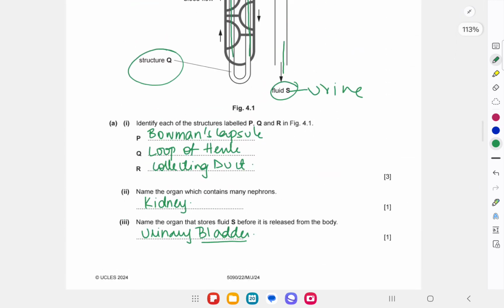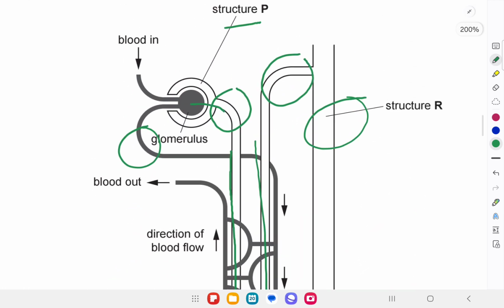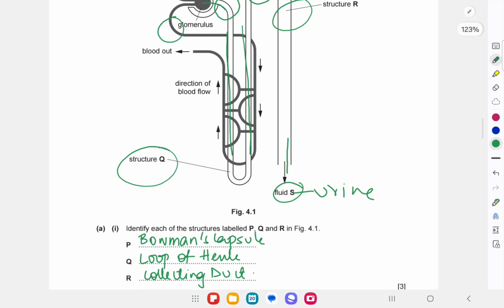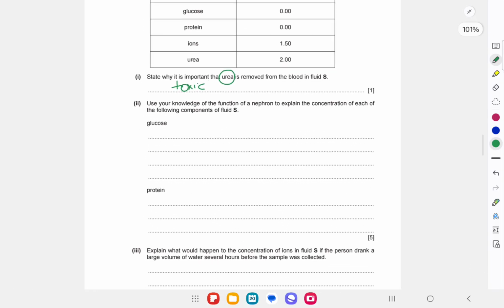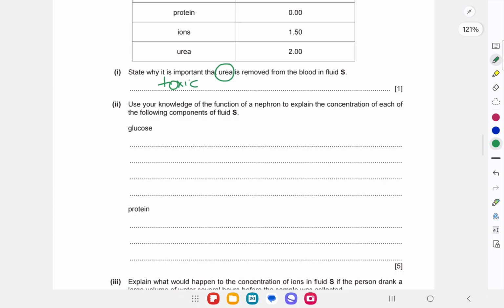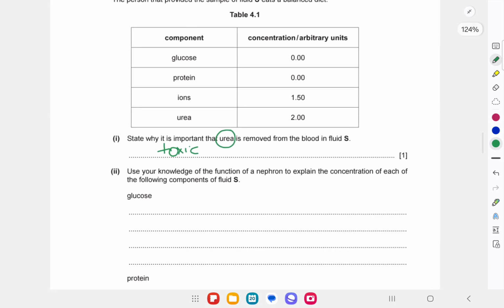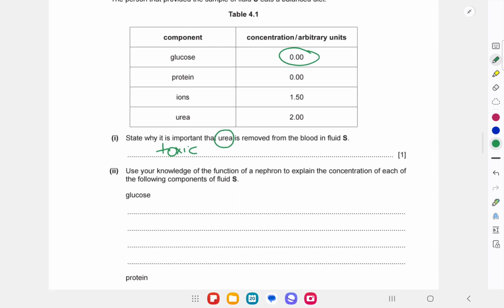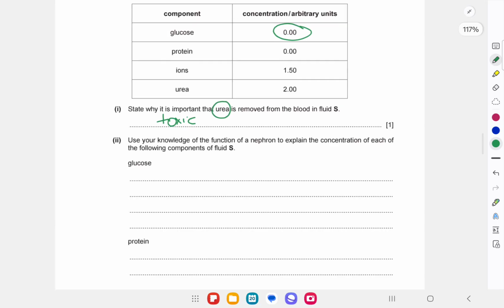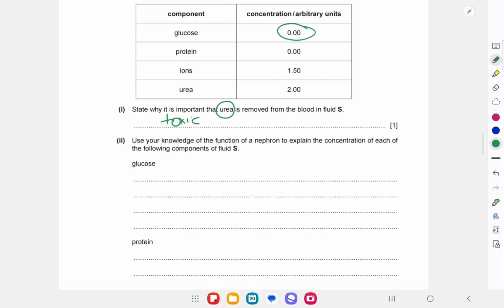Glucose will be filtered, but as it comes into the later part of the nephron, it is removed or reabsorbed back into the blood. That's why there is no glucose in the urine. And as far as protein is concerned, protein doesn't enter the Bowman's capsule. It is not filtered. So therefore there is no protein in the urine as well.